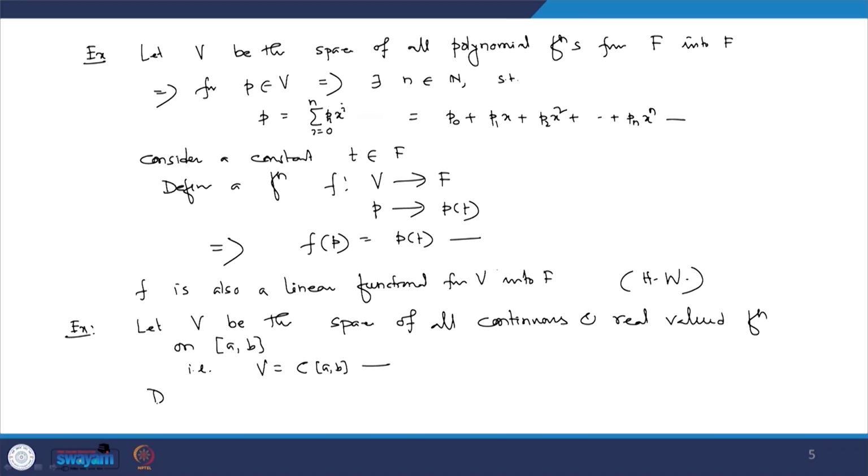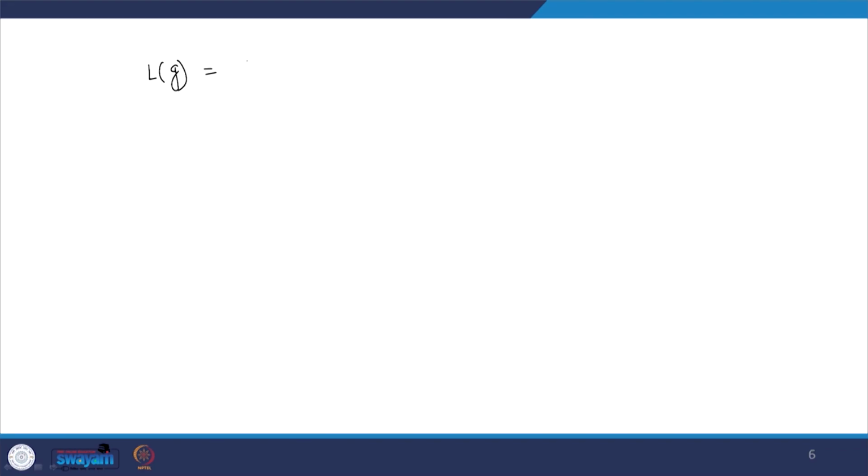Define a function from V to F as L of g equal to the integral from a to b of g of t dt. So, if I define this type of function capital L from V to capital F, again you can check it is a linear functional and satisfies the definition of linear transformations, because this integral is a linear operator.